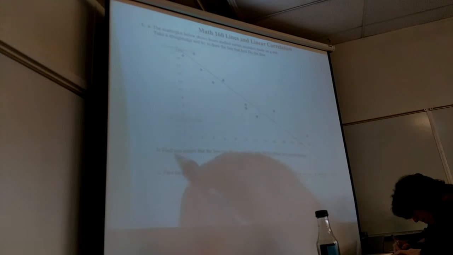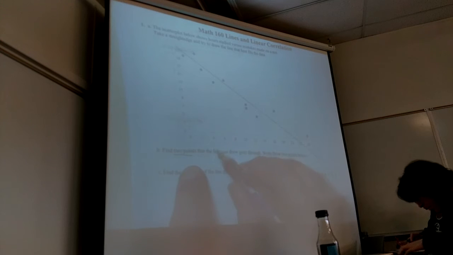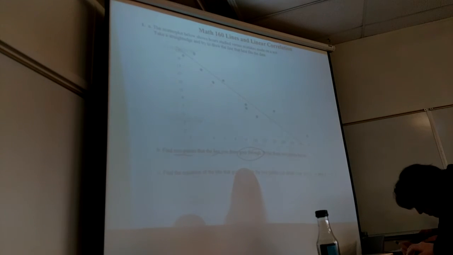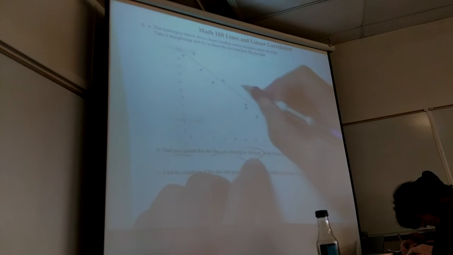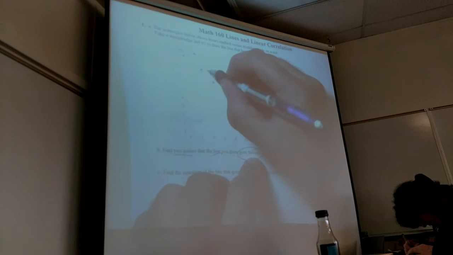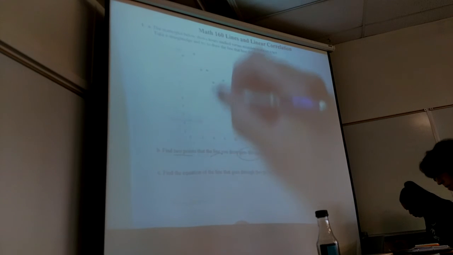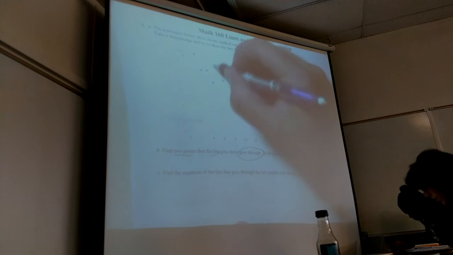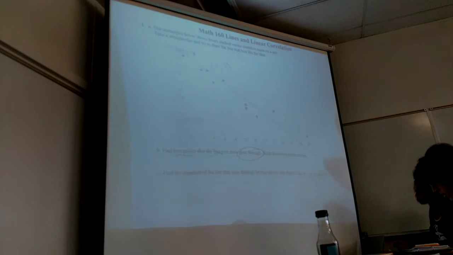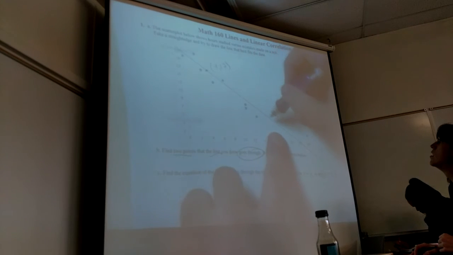Now, find 2 points that the line goes through, not 2 blue dots, unless the line goes through them. So I'm going to pick, let's see, does it go through anything nice? Look, it goes right through this point. Do you see that? I'm going to pick that one because I can tell exactly what that point is. It's the point 4, 17. Do you understand? And then you find another point that it goes through.